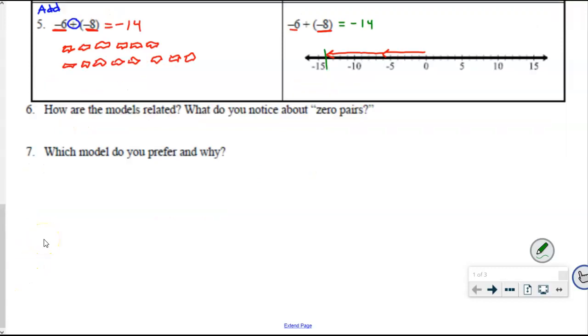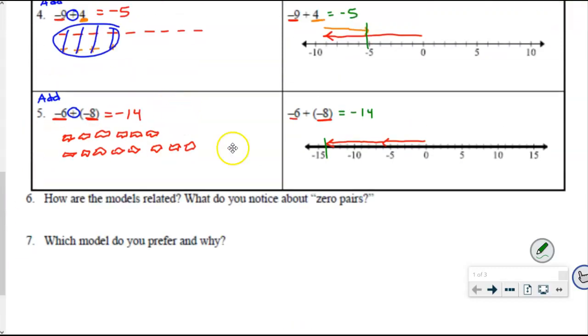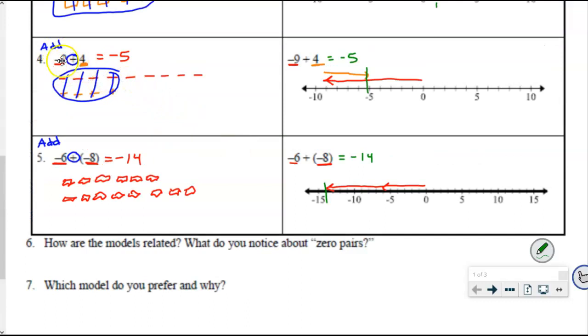Okay, how are these models related? Especially when we look at something like 3 or 4, how does this side relate to this side? What do you see, Caleb? Yeah, in both models, we are able to figure out the answer. Yes. What else? Cody? They both show numbers. Yes.